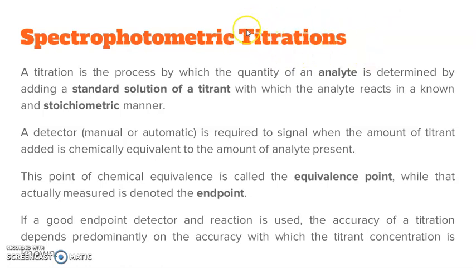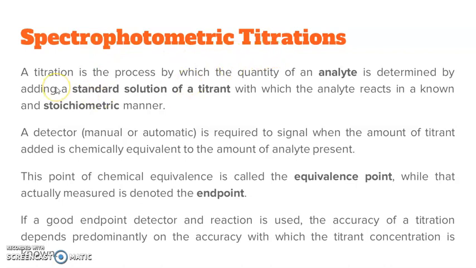The one is the titrations, the other one is the spectroscopy or the visible spectroscopy. Both are used to determine the concentrations of the unknown samples. But if you are making use of spectroscopy in determining the concentrations which involve titrimetry, then we call it the spectrophotometric titrations.